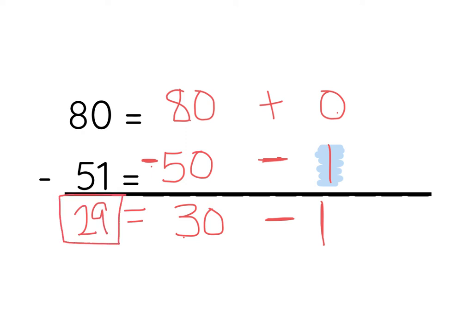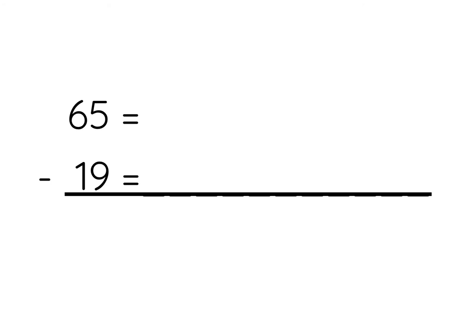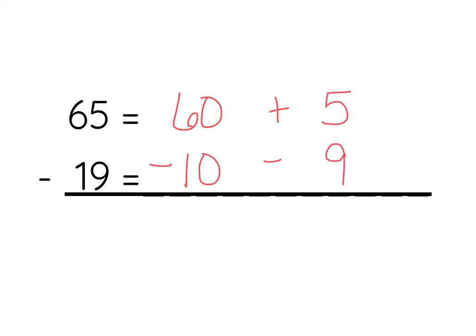Great job. All right, try 65 minus 19. Pause, and then come back when you have it finished. 60 plus 5. Are you practicing using your nice handwriting so that your tens columns are lined up, your ones are lined up, your operations are lined up, so that it's not your handwriting that makes you miss the problem? All right, check for your larger digit.